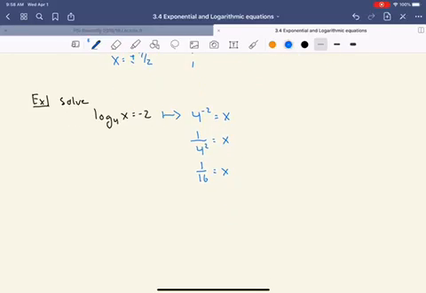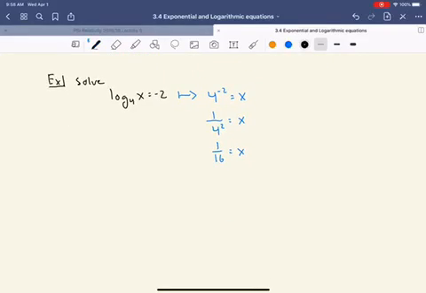Okay, next one. Next one's kind of like what we did at the end of the 3.3 lecture. So, solve 2 to the 2 minus x equals 3 to the 5x plus 6, and it says to 3 decimal places.